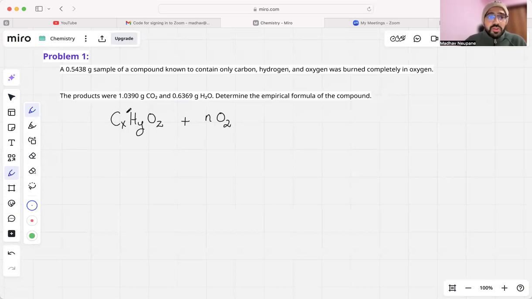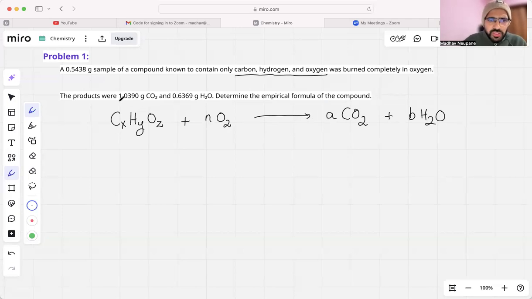I just know there are carbon, hydrogen, and oxygen, which is clearly mentioned in the question. The products are going to be a moles of CO2 and b moles of H2O. So this much I know. This is a very generic equation without the actual coefficients.